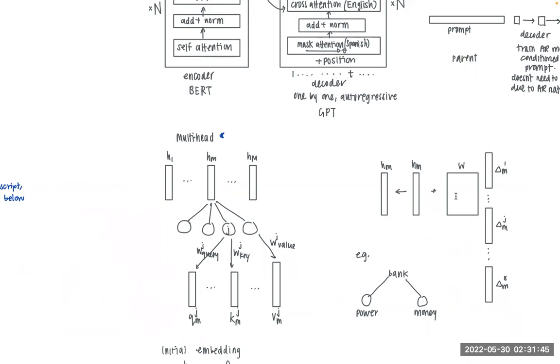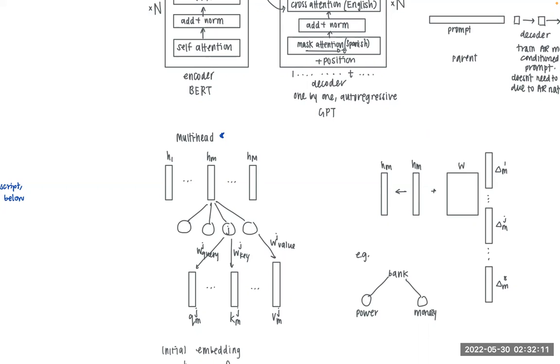Sometimes we do need multiple heads to collect different aspects of the context. For example, the word bank. I'm sorry, this should be river, not power. So if this bank is about the river, one head may be about the river or water, and the other head may be about money, right?